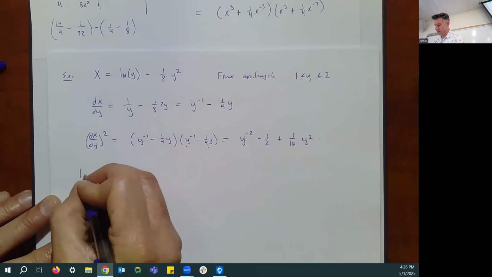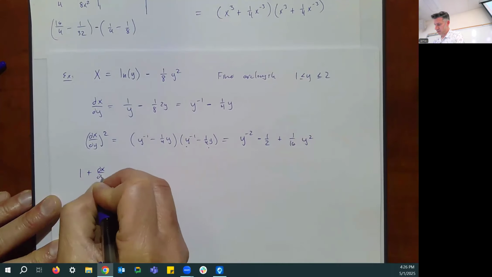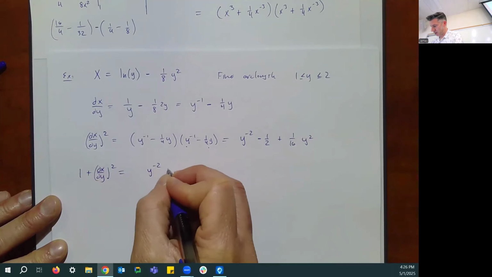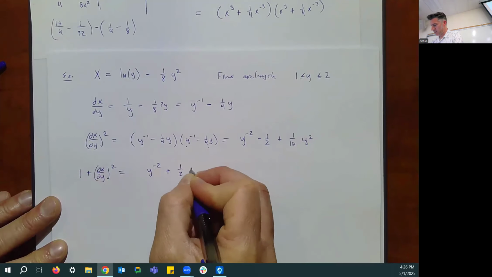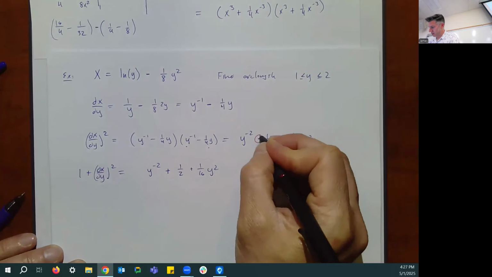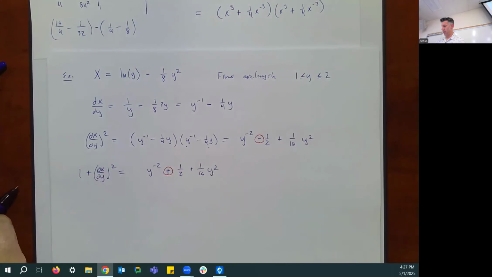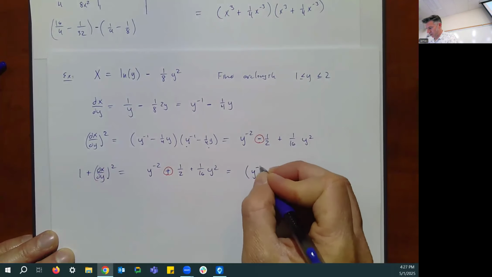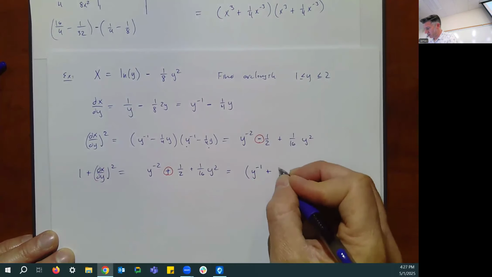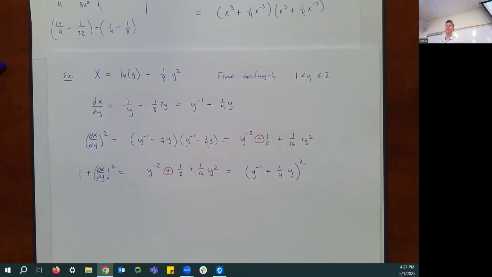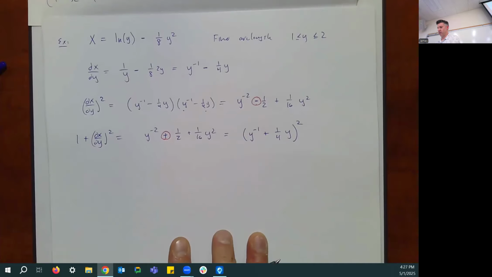We add 1. That's going to become y to the negative second plus 1/2 plus 1/16 y squared. Notice the change. And then we factor it back as y to the negative 1 plus 1/4 y, squared. And now I think we're ready to do the integral.